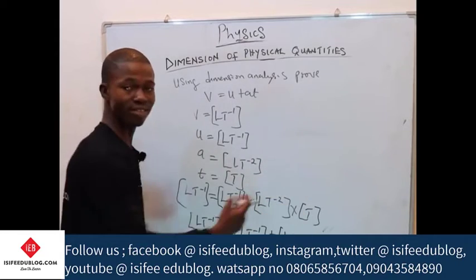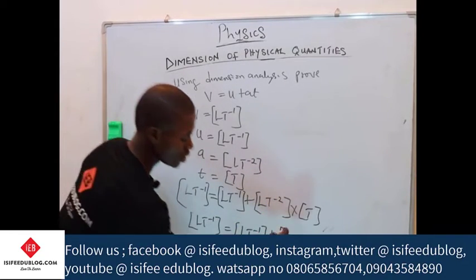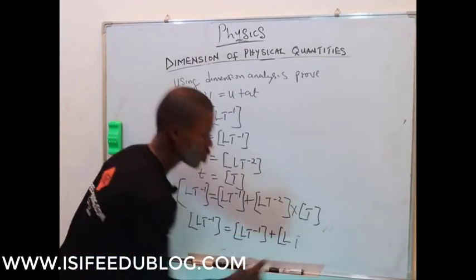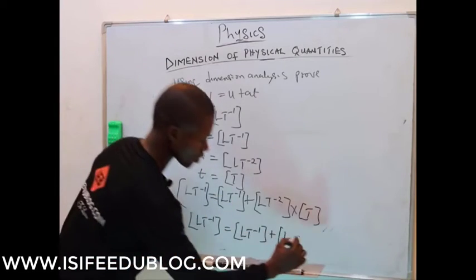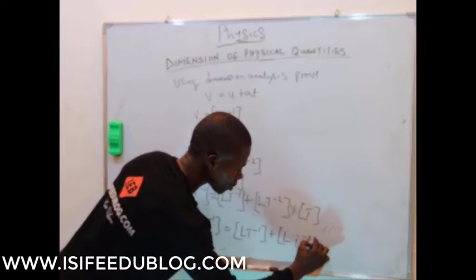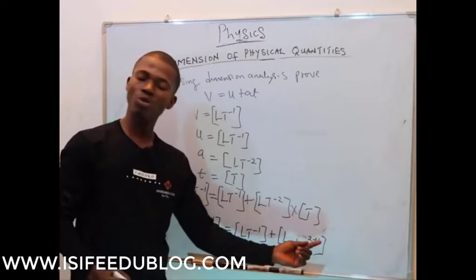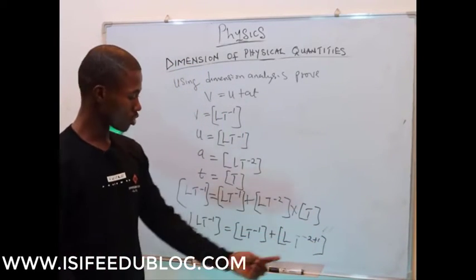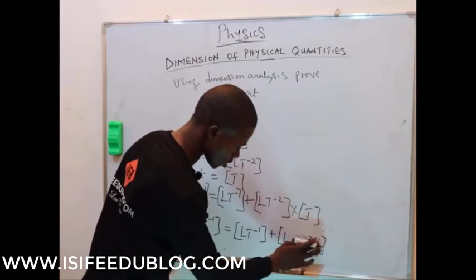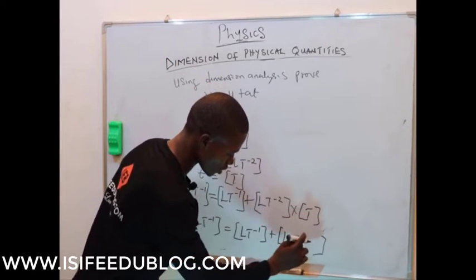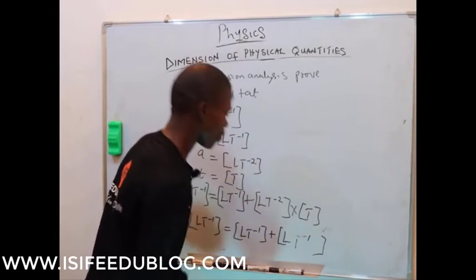T minus 2 times T. We pick 1 T according to the law of indices, we add their powers, which is minus 2 plus 1. If you just carry out the calculation, it means negative 1. So let's just substitute straight. This will give us negative 1.